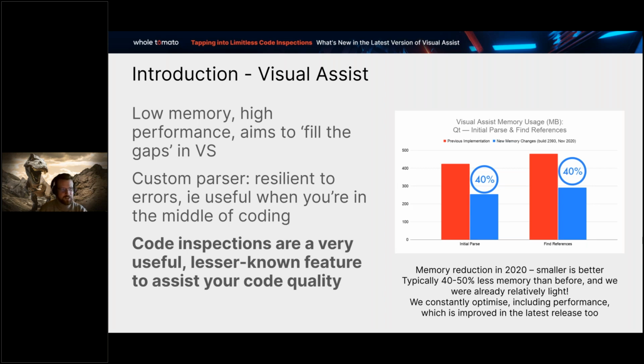One interesting thing is that it's always been built to fill the gaps in Visual Studio. So all of us on the team are developers, and there's a catchphrase of by developers for developers, and that's true. And for reasons like that, we also value things like the performance and the memory usage and that kind of thing.